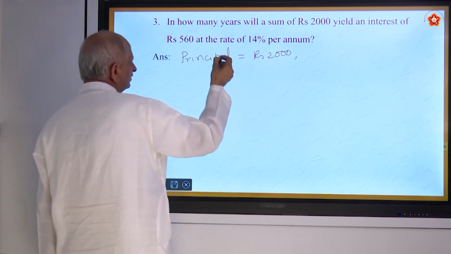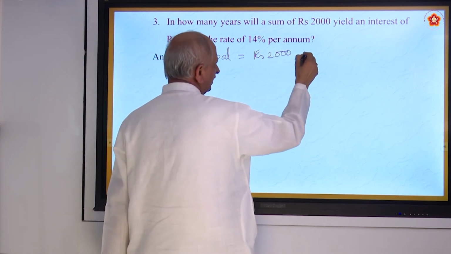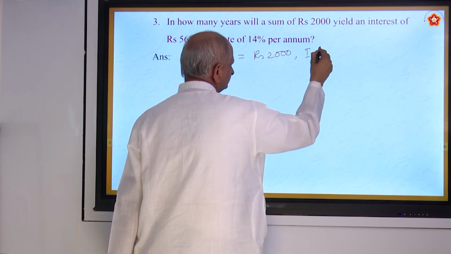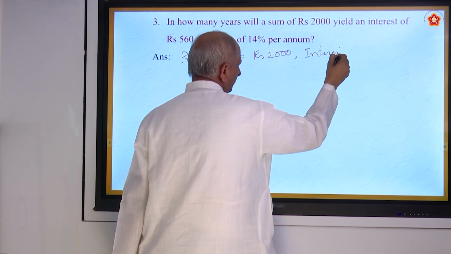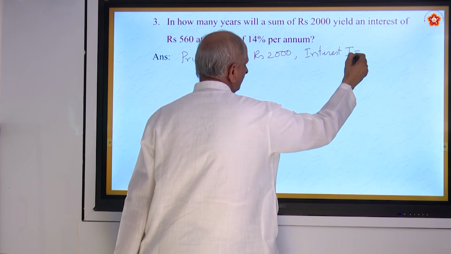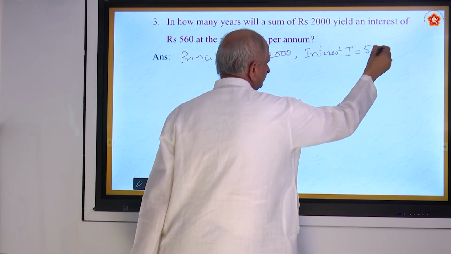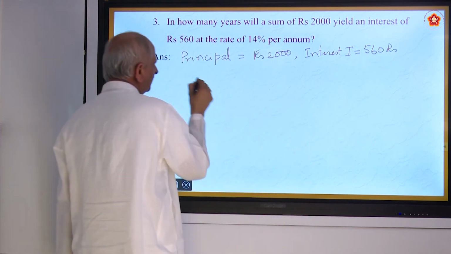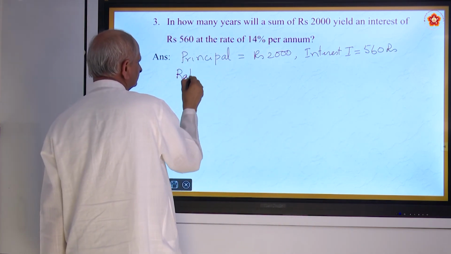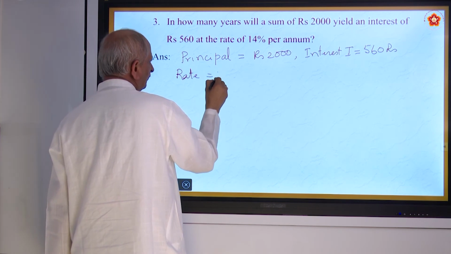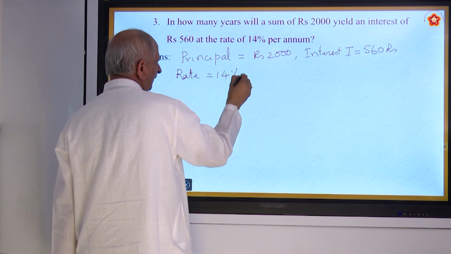Then you have interest. What do you call it? I. How much? 560. Then rate of interest is equal to 14% PA.